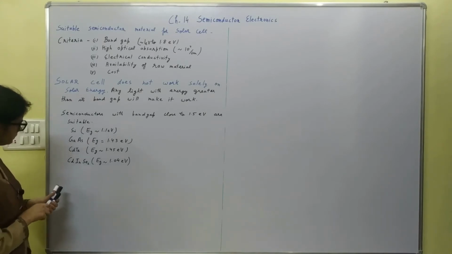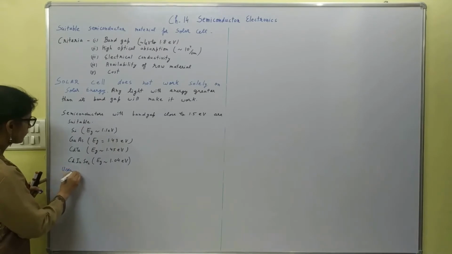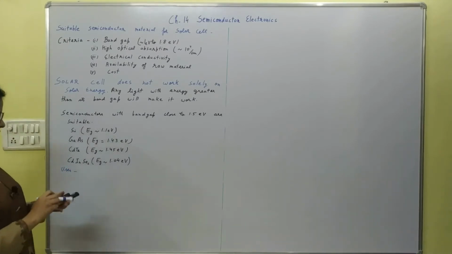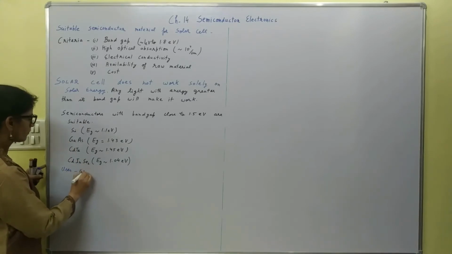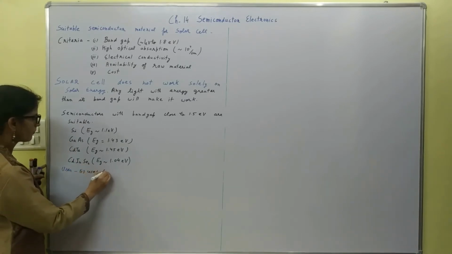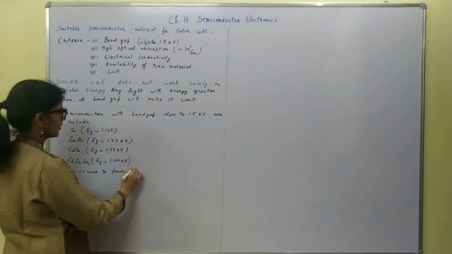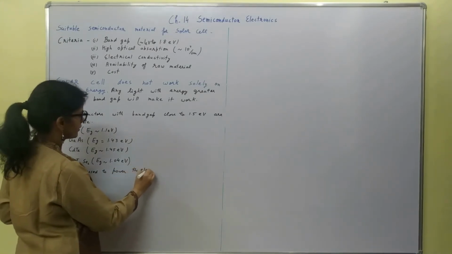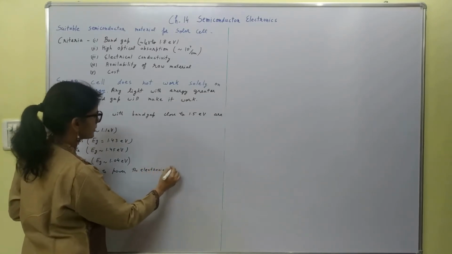Now, what are the uses of solar cells? First, we all know that these are used to power the electronic devices in satellites and space vehicles.